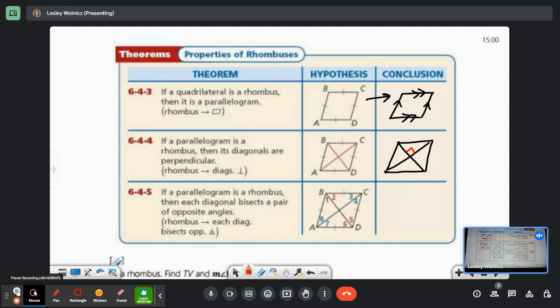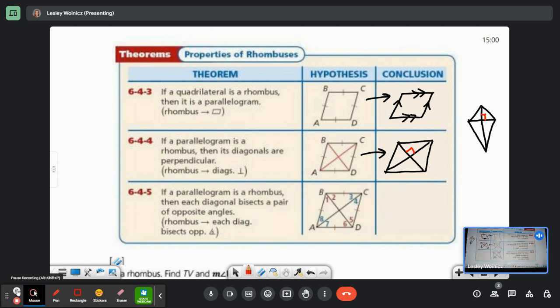Okay, you have to be careful with this one. This is actually what I messed up earlier today. Don't tell Coach Vogler. This one only goes one direction because there's another figure that has perpendicular diagonals, and that is a kite. So if you think about a kite, it looks like this. Those diagonals are also perpendicular.